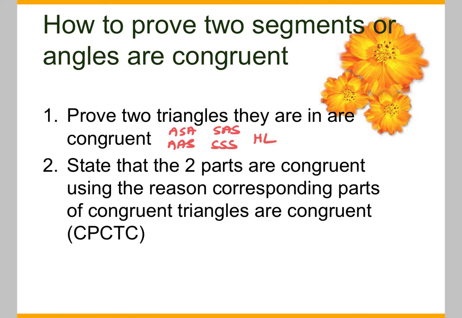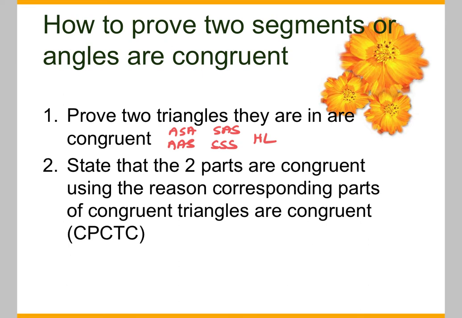So you're going to first get that these triangles are congruent. And then I can state that any pair of sides or angles that was not already previously marked as congruent would be congruent because of the definition of congruent triangles. And instead of saying all of that, we say CPCTC, which means corresponding parts of congruent triangles are congruent.